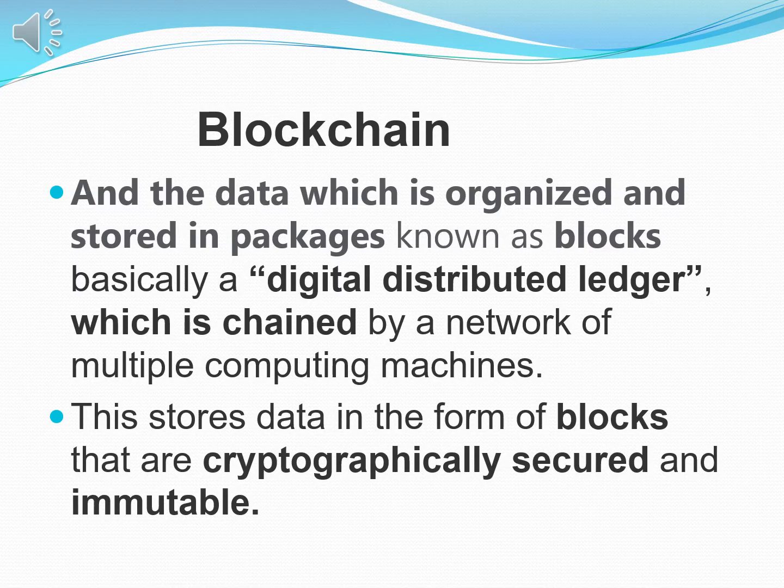So all this data is cryptographed and secured, and you cannot make any changes to it. This is the basic characteristic of blockchain, that it gives transactions more credibility and transparency.